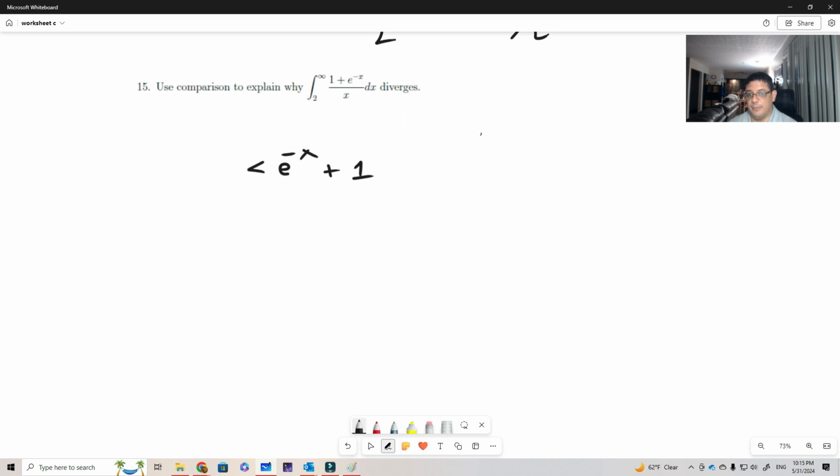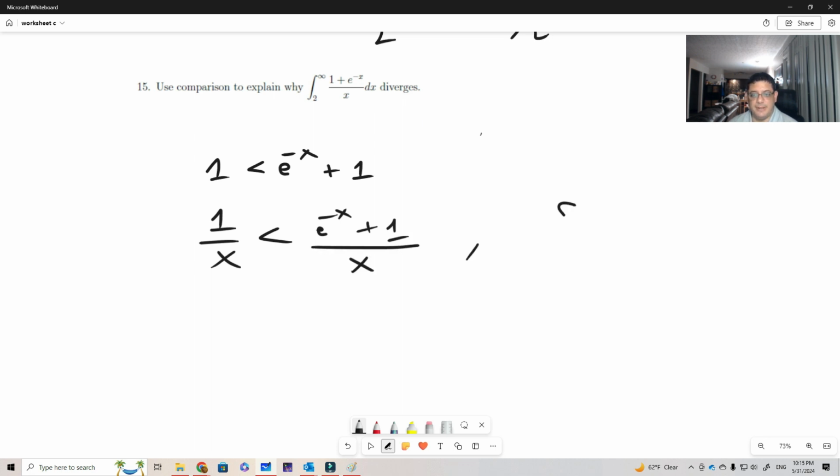Of course, this is going to be bigger than 1, even if it's just by a little bit. Notice that e to the minus x is just going to be giving me a small value, but 1 plus that is still bigger than 1. And so 1 over x is less than e to the minus x plus 1 over x.